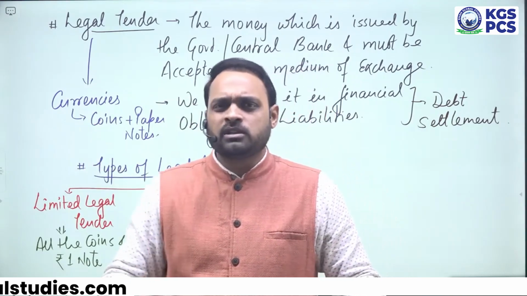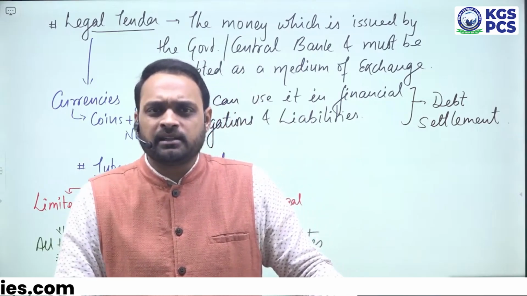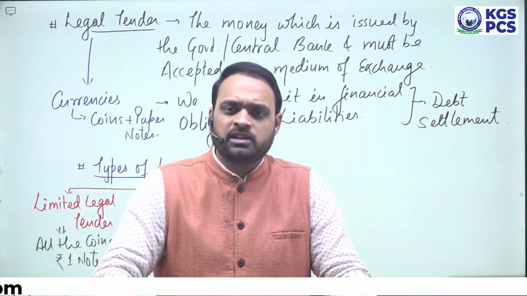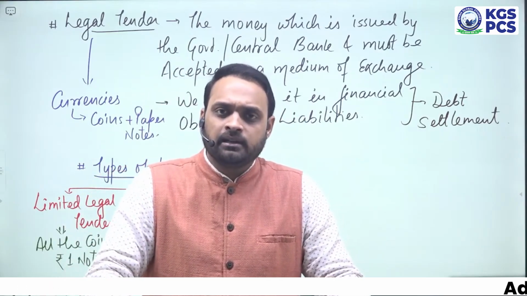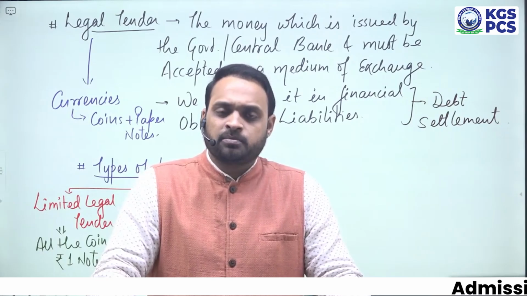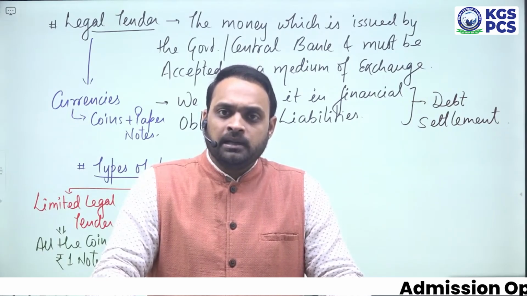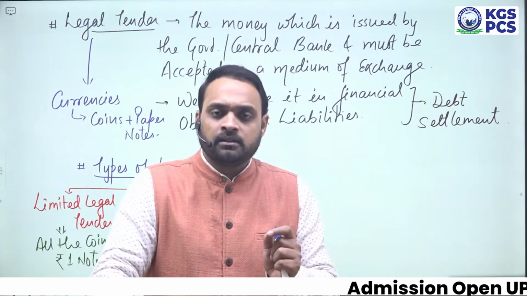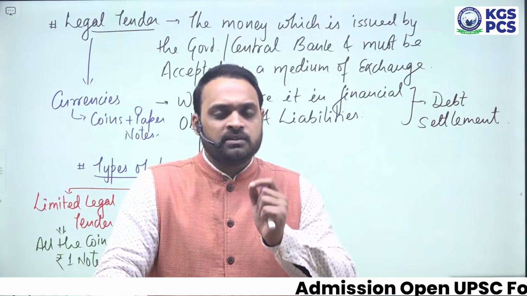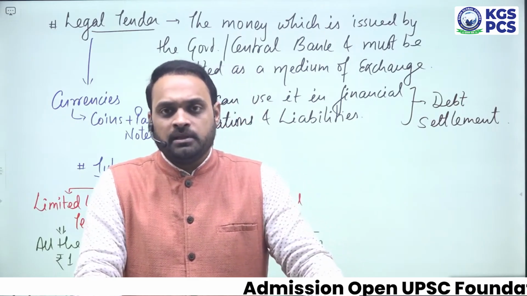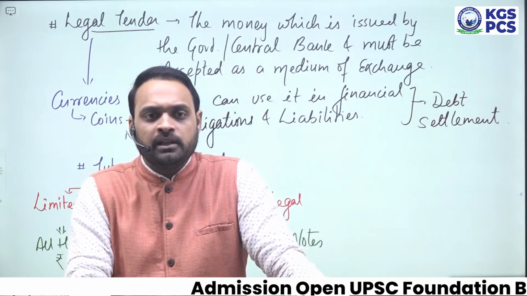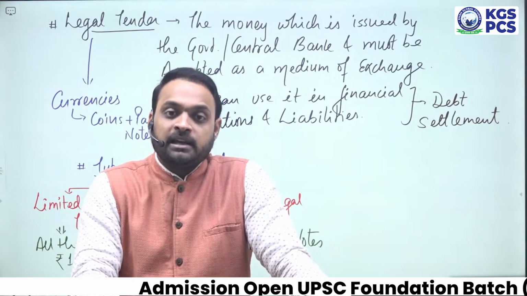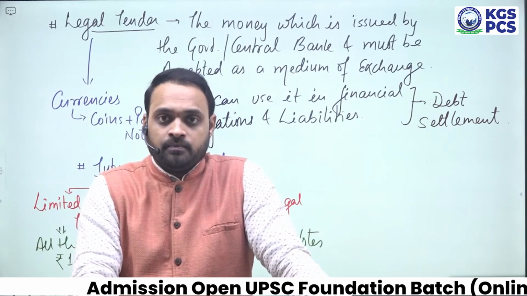But nobody knows in our country that there are certain restrictions mentioned from the RBI's perspective. Limited legal tender is a very simple term: it is a form of money, it is legal tender, but there are certain limits.